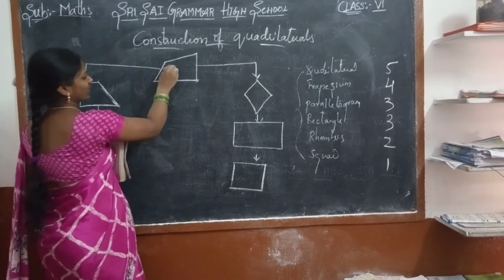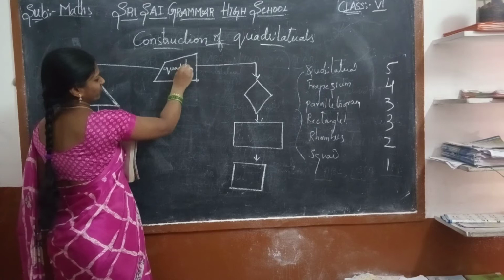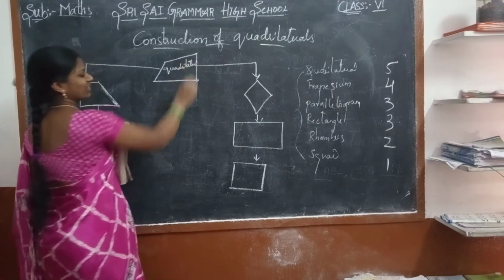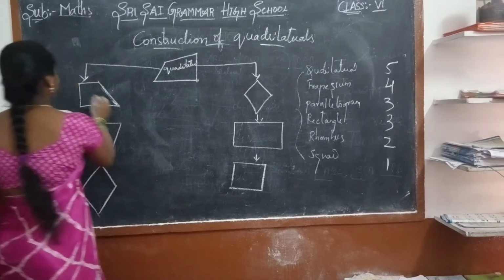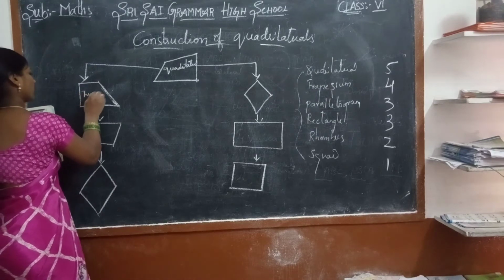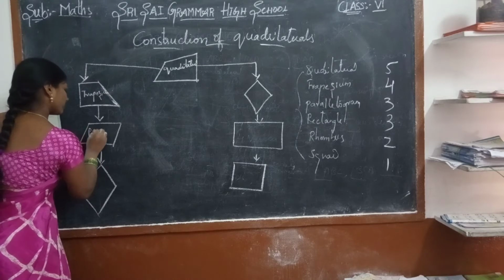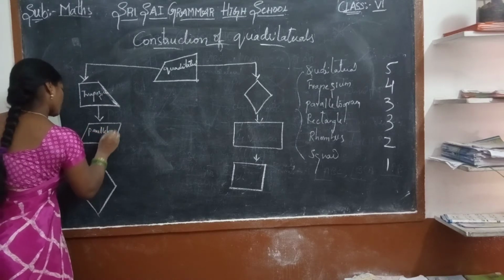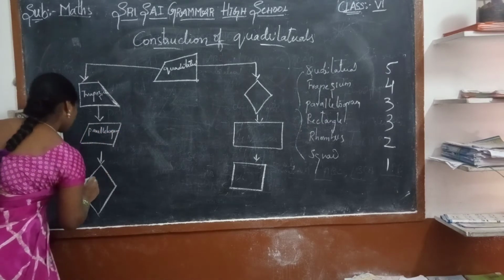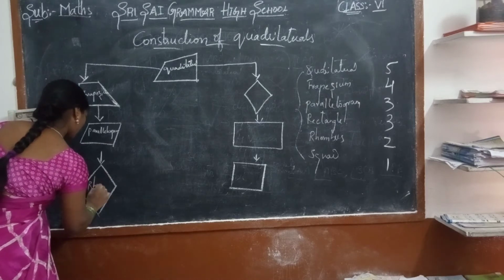This is a quadrilateral. This is a trapezium. This is a parallelogram. This is a rhombus.